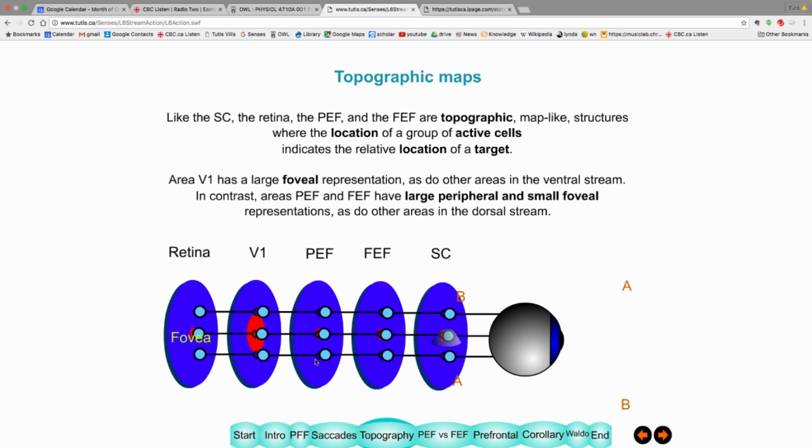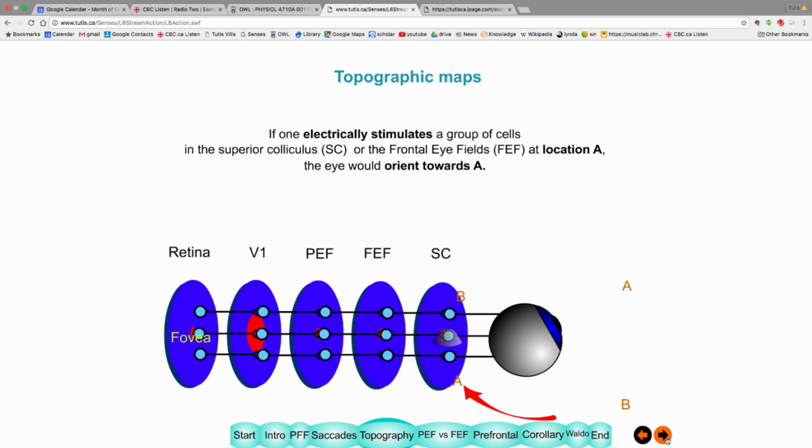And again, all these structures are interested in what's going on in your peripheral retina because it wants to direct eye movements to those locations. Now, again, if you stimulate this area or this area, you get a saccade to one or the other area.